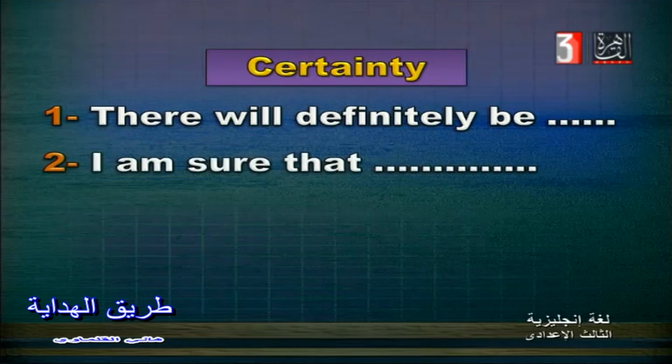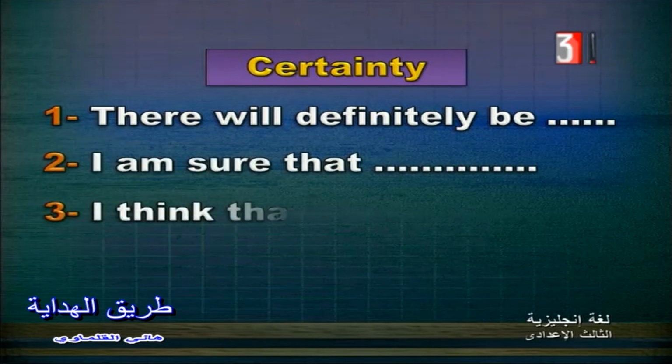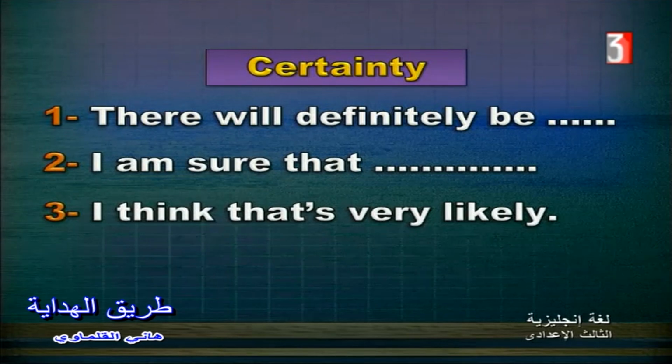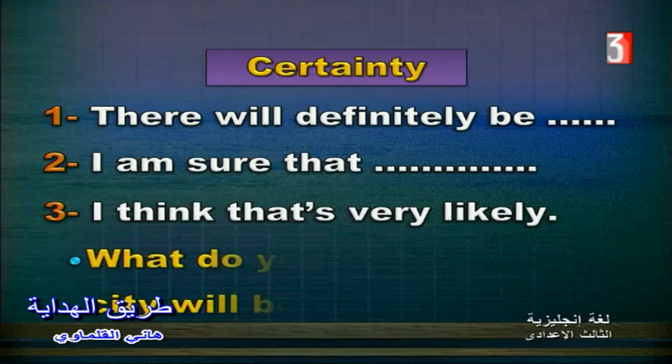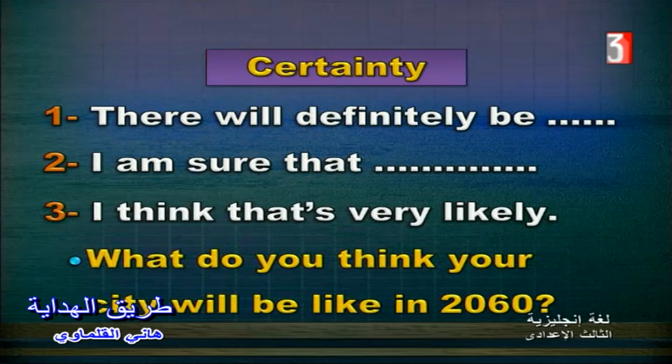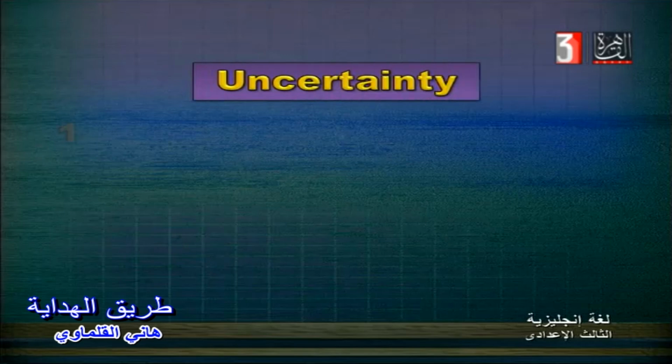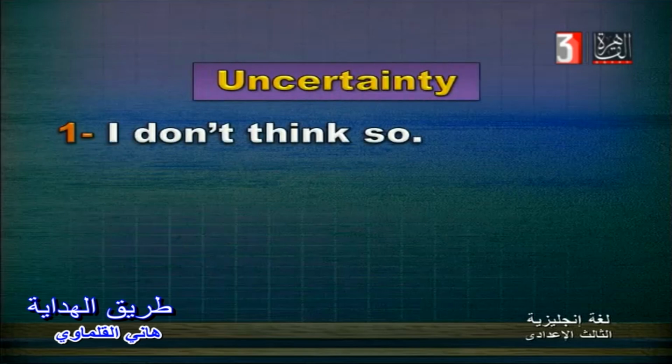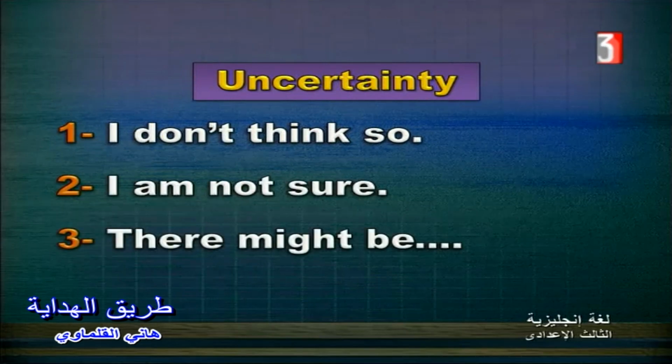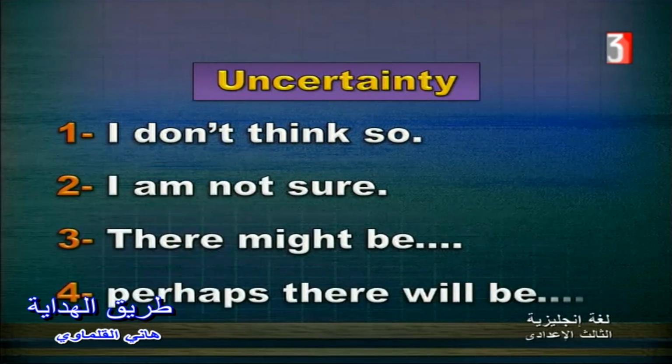For example, what do you think your city will be like in 2026? What about uncertainty? If you are uncertain, you can use I don't think so, I'm not sure, there might be, perhaps there will be. So take care about being certain and uncertain about something in order to answer the dialogue.